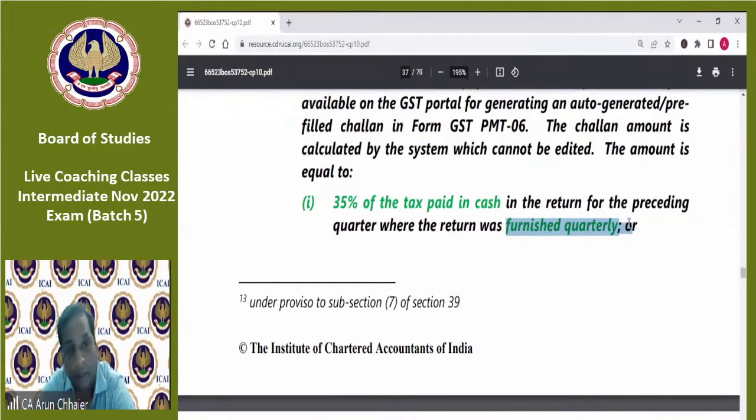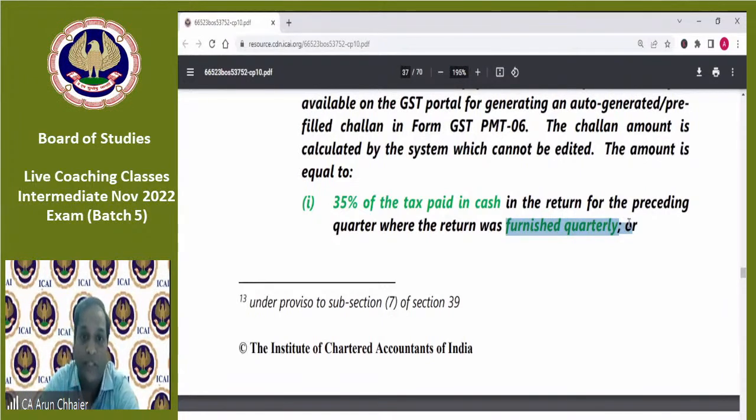Last quarter. Because you need to determine the liability which you will pay by 25th of the month following the end of the month. For month 1 and month 2, you need to pay the amount through PMT-06.